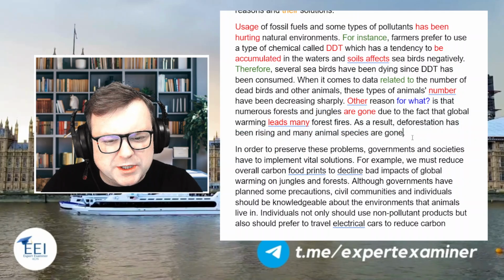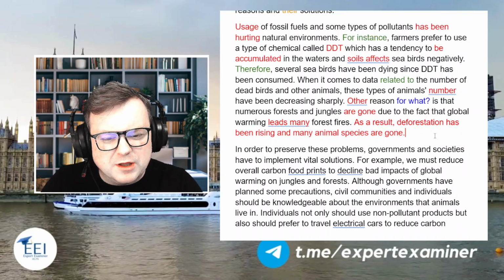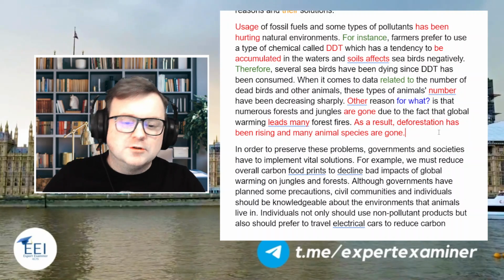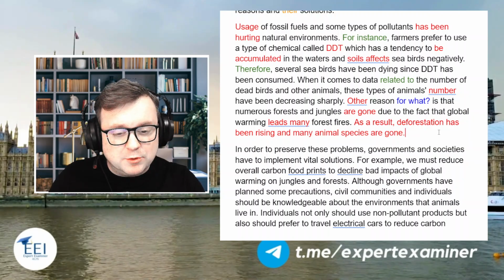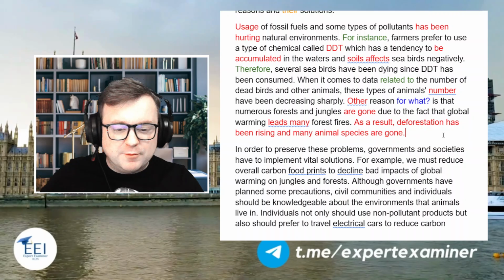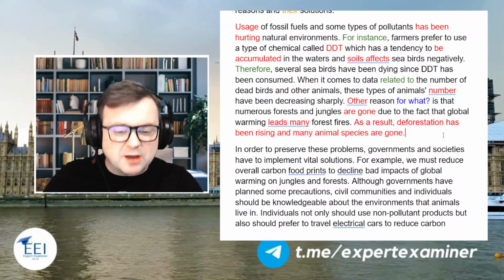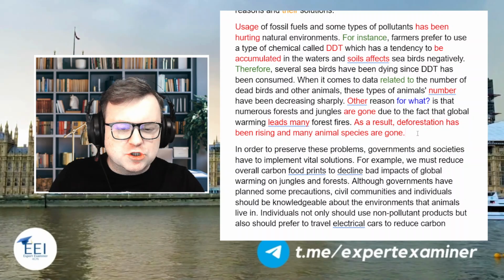Yeah, this is such a weak point. You have to explain, and the way that you explain this is that this is the home for, this is the place where these animals live, and without a stable environment in which they can live, it can be difficult for them to find food, and that's why they die. So you have to explain why deforestation leads to animal extinction.